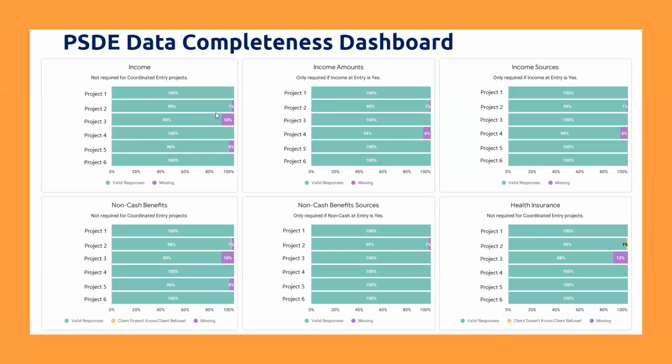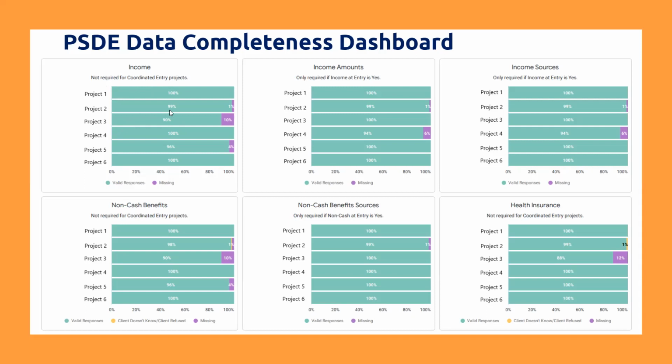The format of the dashboards will be very similar to the universal data elements data completeness dashboard that most of you are hopefully already familiar with. There will be a specific chart for each data element. And each project at your agency will have a separate row on the dashboard for each data element.